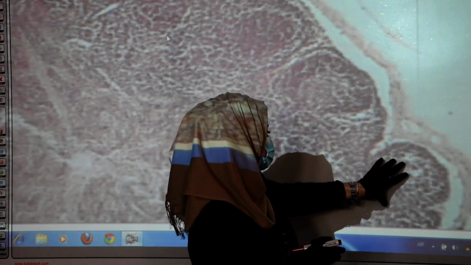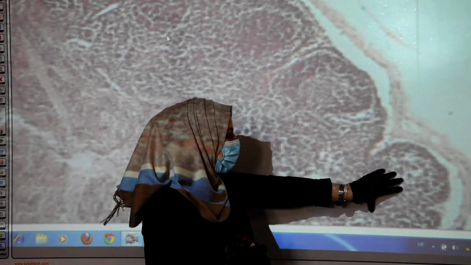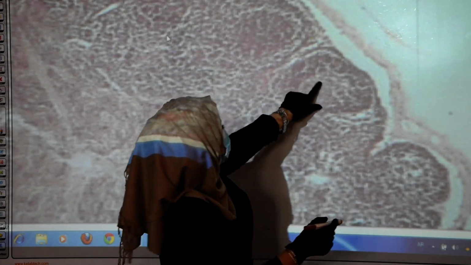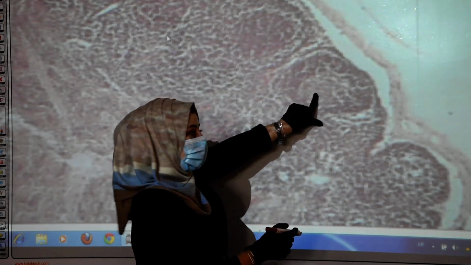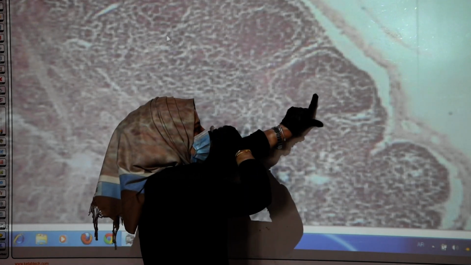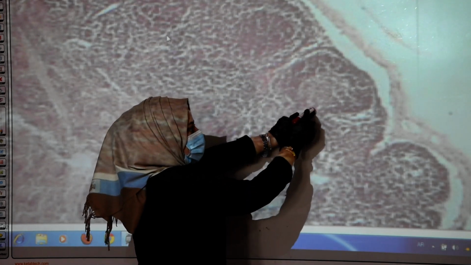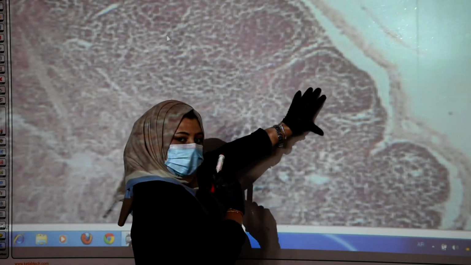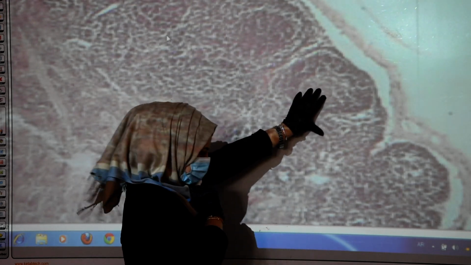The differentiation between the primary and secondary is that the secondary has a germinal center. It looks paler than the primary. It's called the germinative or germinal center inside the secondary lymphoid follicles.